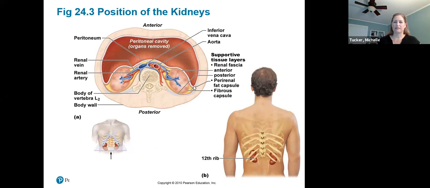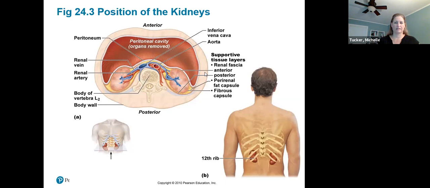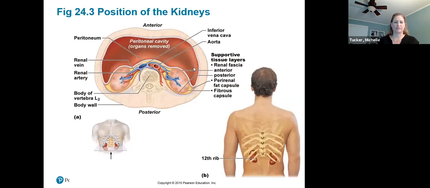So it's encapsulated in fat to protect it. And then there is a fibrous capsule that is going to anchor it into its cavity. So 3 layers of protective tissue: the capsule, the perirenal fat capsule, and then that renal fascia.